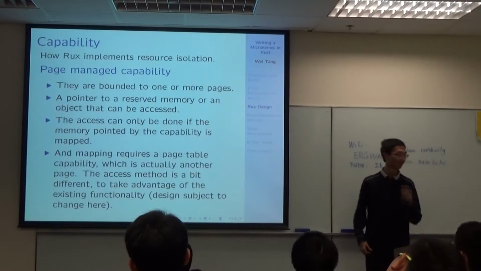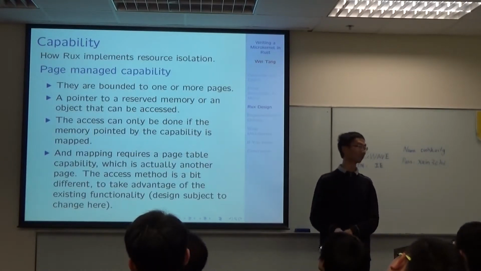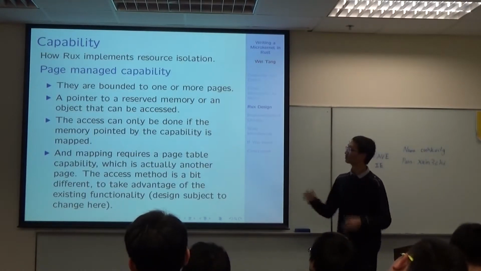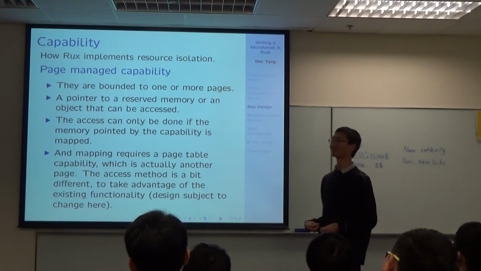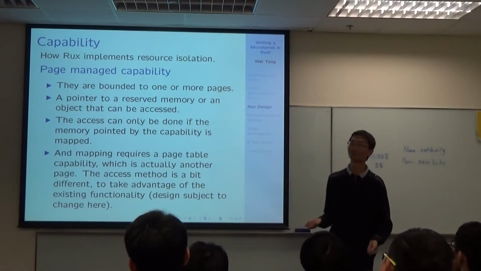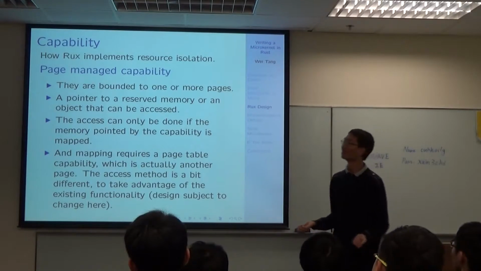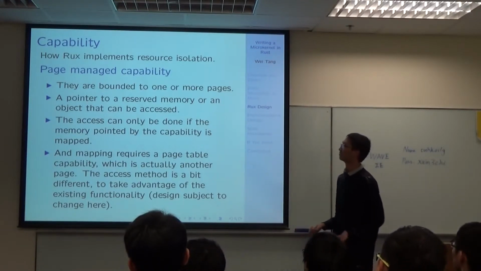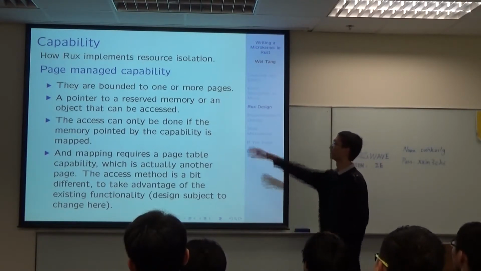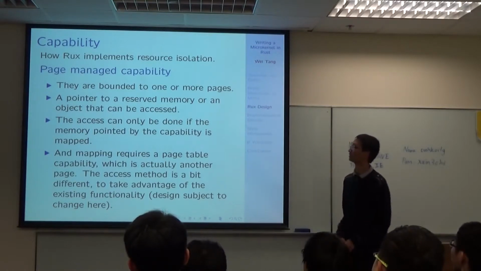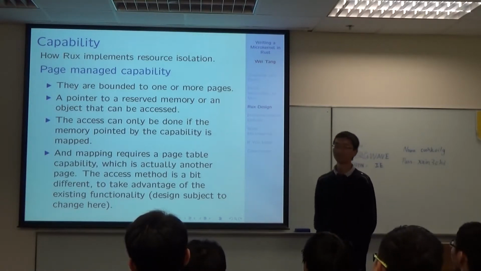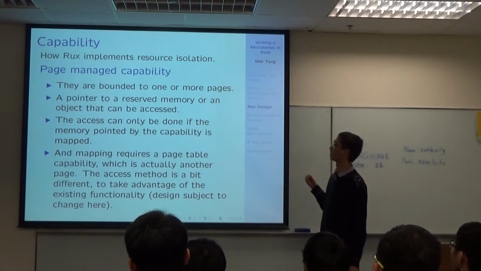So when you allocate memory, even in kernel mode, you need to manage virtual memory. And for this, we need some page managed capability. A page managed capability is bound to one or more pages.